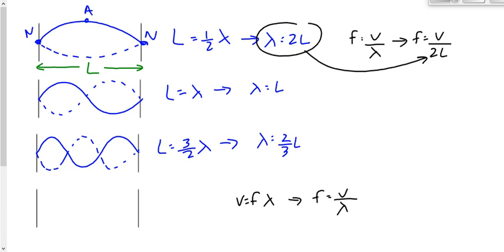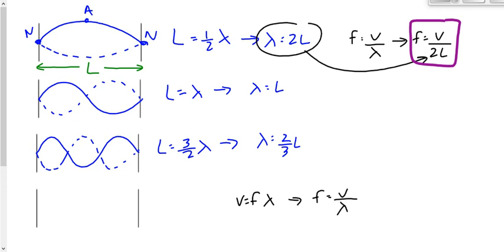So the frequency at which the first standing wave would be produced in this string would be v over 2L, the speed of the wave divided by 2 times the length of the wave.